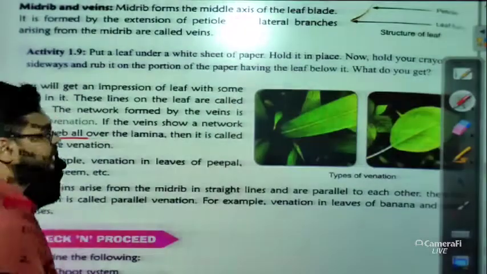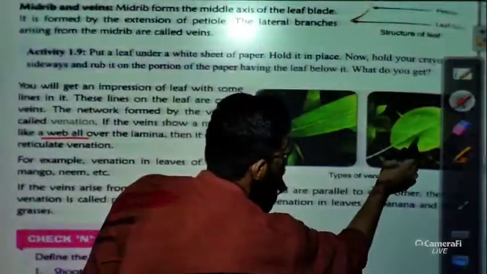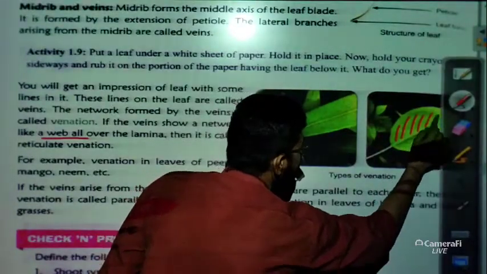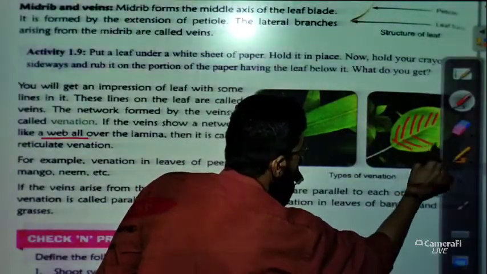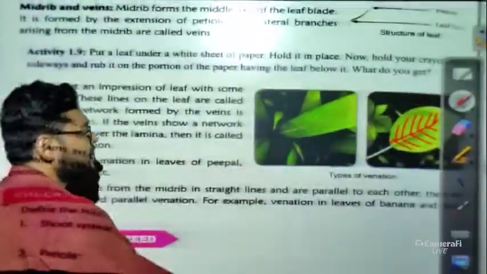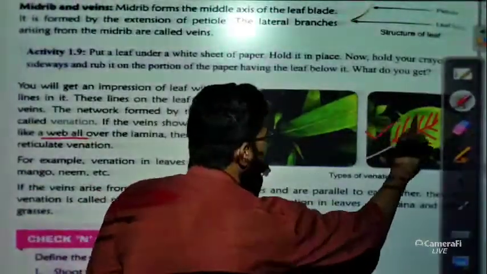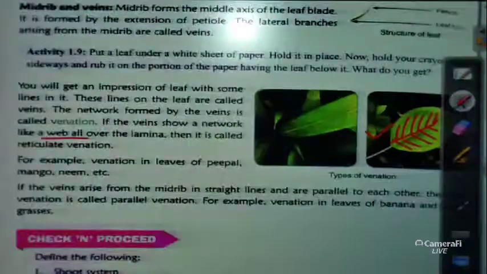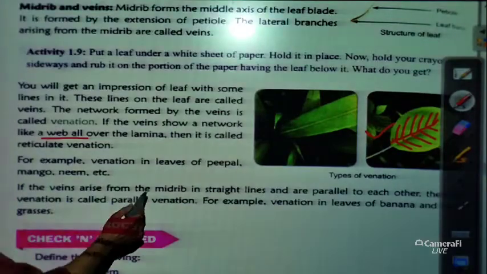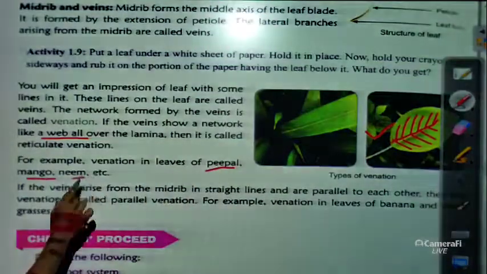You can see here in the pictures, this is the midrib, and this kind of structure you will get. If you find this kind of structure, we call it reticulate venation. For examples, peepal and mango.